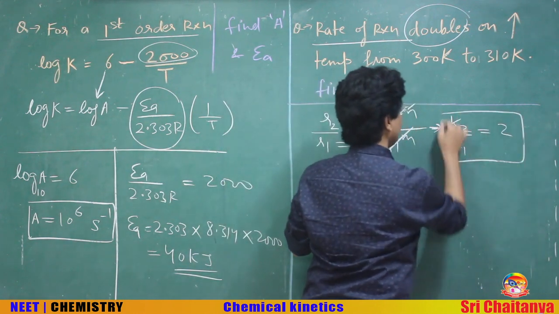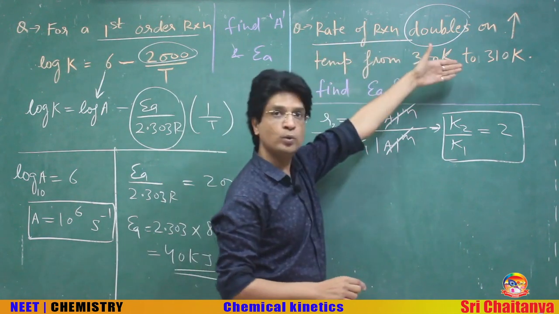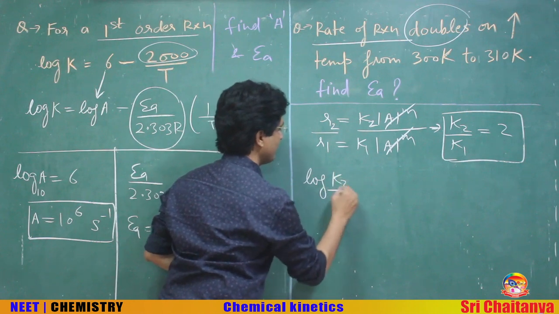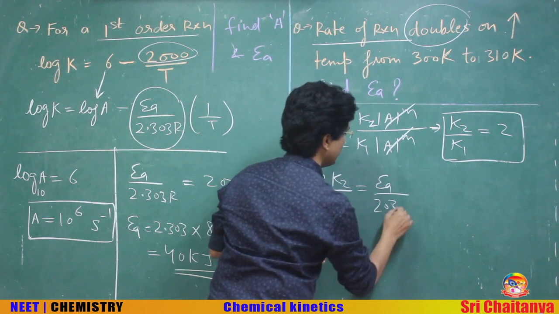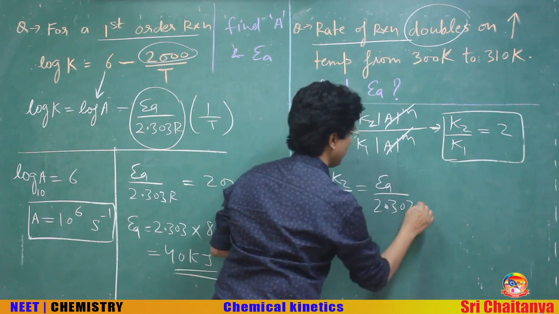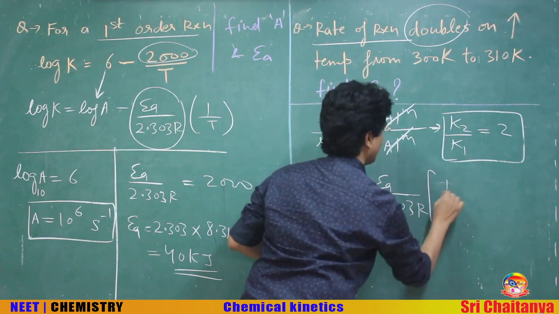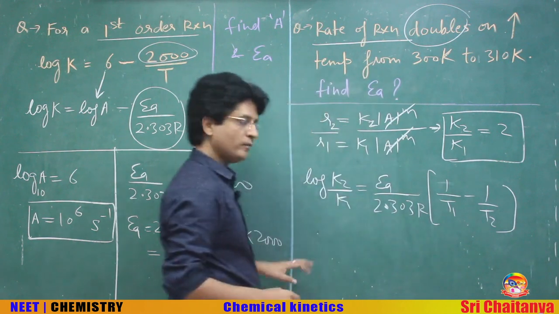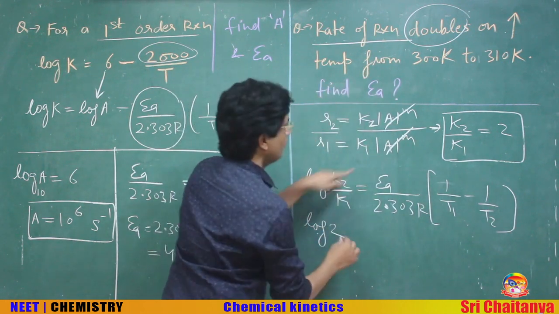Now I know only one equation when they give two different temperatures, and that is: log of k2 by k1 is equal to Ea upon 2.303 R into (1 upon T1 minus 1 upon T2). Now put the values. This will be log of 2 from here.